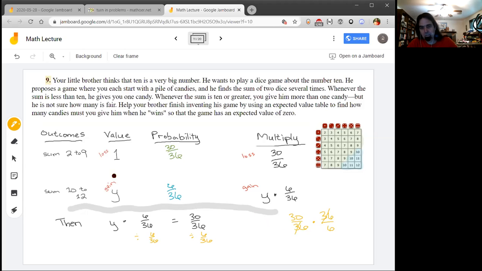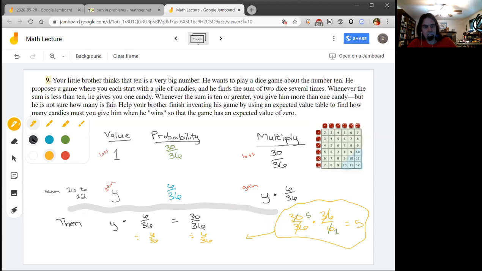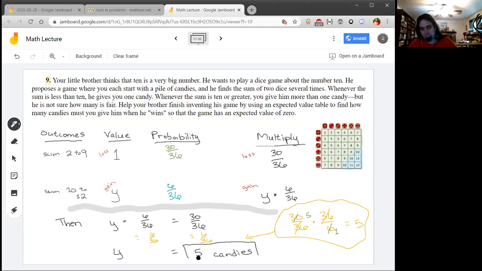These cancel. These reduce. So y equals 5. That looks much cleaner to me. I think the decimals just made it worse on the previous page.